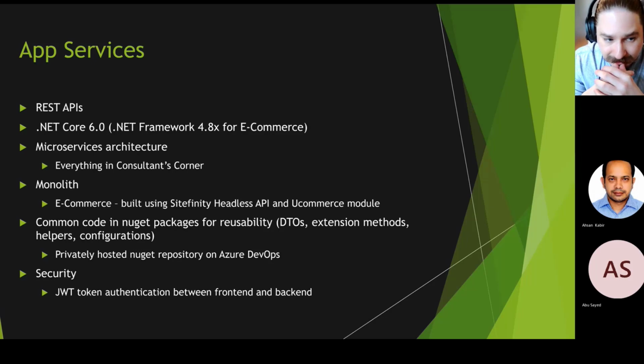And we are using the microservice architecture, and everything in Consultants Corner is adhering to microservices, but e-commerce is a monolithic application, because it relies on Sitefinity, and we are using the e-commerce module to run the e-commerce shop.